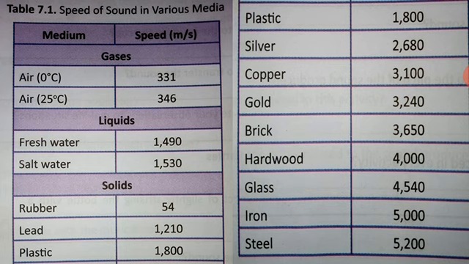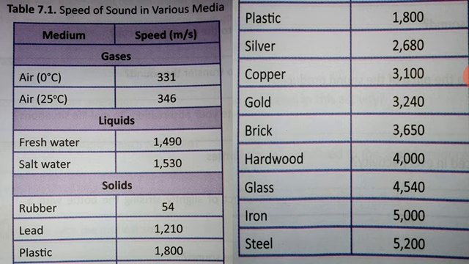This table shows the speed of sounds in various media. In air, 331 meters per second at 0 degrees Celsius, that is the slowest. In liquid, the slowest is fresh water, which is 1490 meters per second.